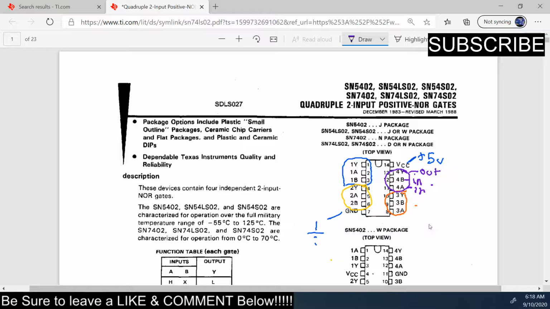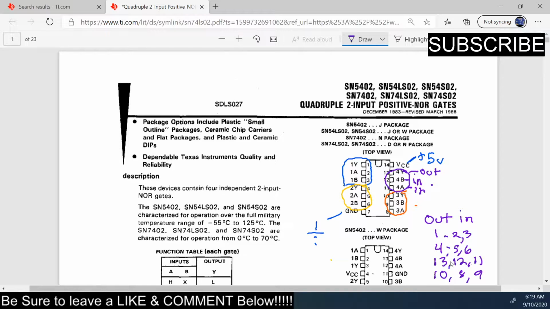So same difference. Your output pins are 1, 4, 13, and 10, and then your input pins would be 2 and 3 for that one, 5 and 6 for that one, 12 and 11, and 8 and 9.